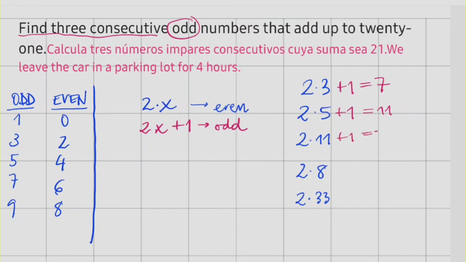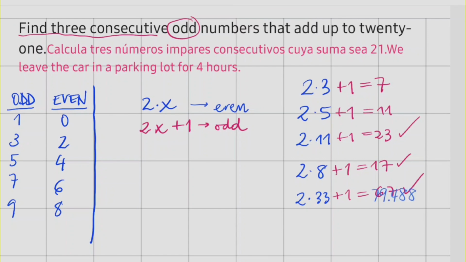Plus 1, 23. Odd number as well. 2 times 8, that's 16. Plus 1, 17, which is an odd number. Finally, 2 times 33, that's 66. Plus 1, that's 67. That is an odd number as well, right?